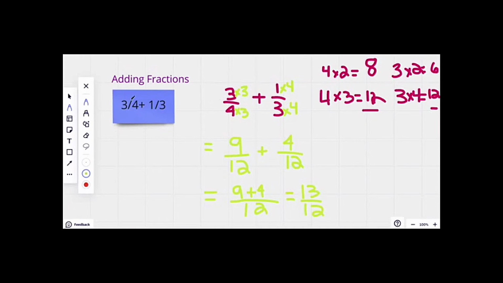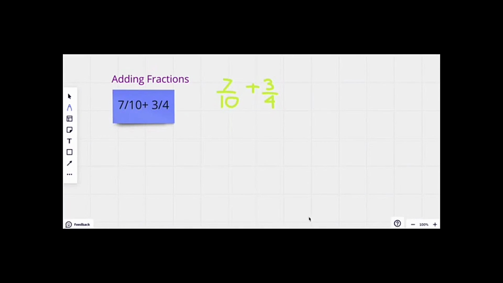So 3 over 4 plus 1 over 3 equals 13/12. Okay, we got another question here that we can work on, and it's 7/10 plus 3/4.